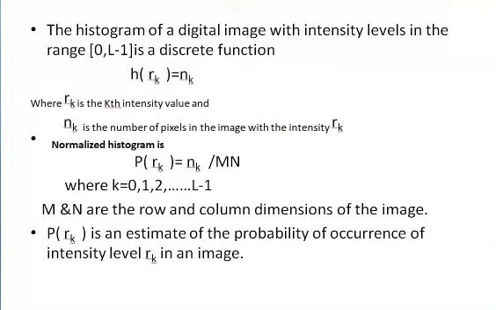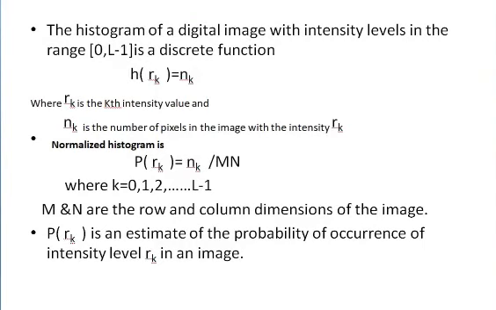For a large image, this number is very high. So we cannot draw that easily. It gives a very large gap between the lower value and the higher value, so it is very difficult to indicate those values on the y-axis.